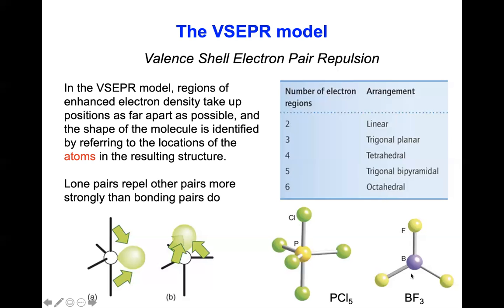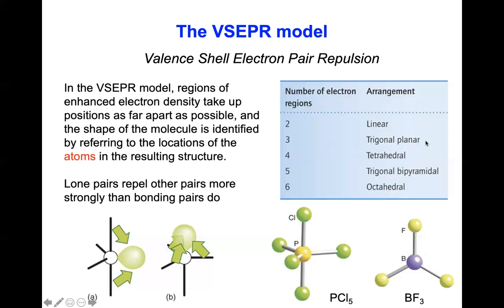That's electron regions. And here is BF3. You see it has 3 electron regions because we have 3 bonding pairs here. Then we are going to have this trigonal planar geometry, that's this case.